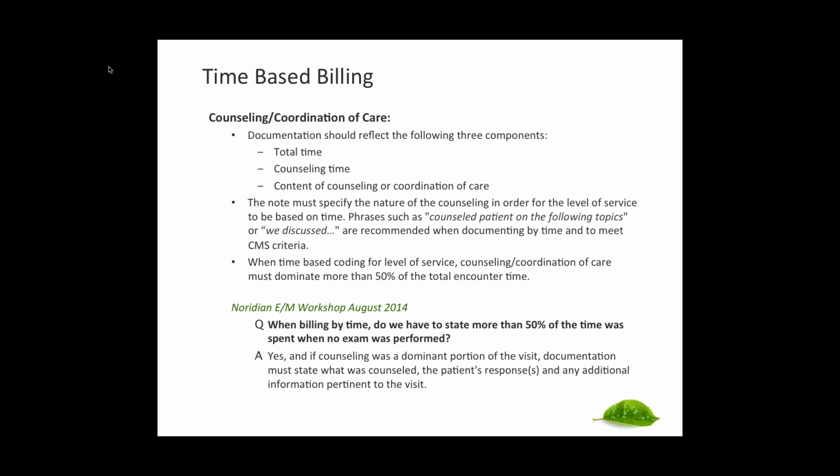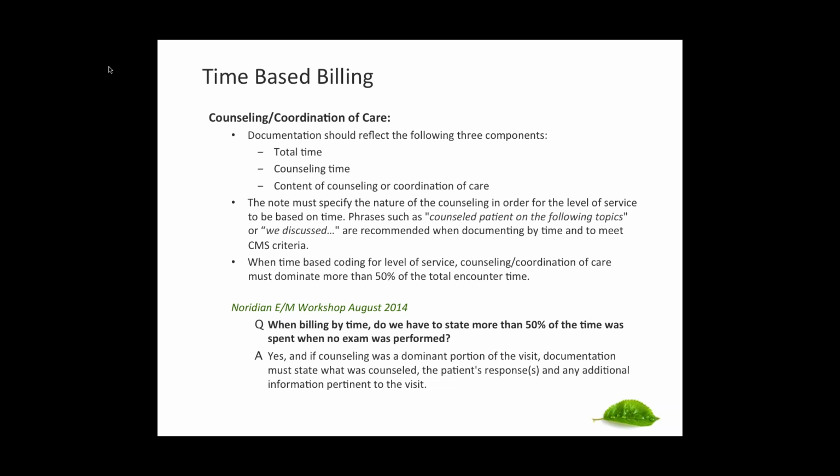And again, that can be in the note in many different ways. But those three pieces of information, the total time, the actual counseling time or percentage, and the content of the counseling, are all required in order to meet this guideline.